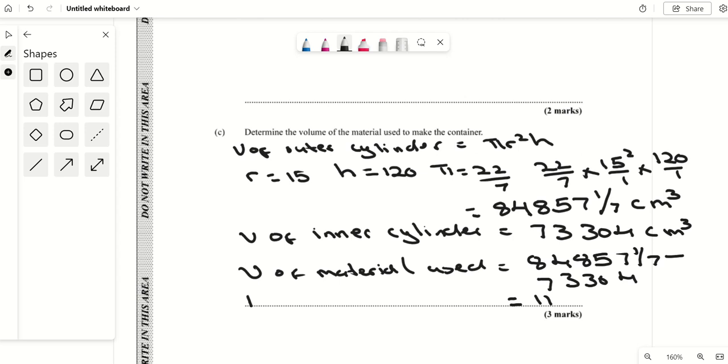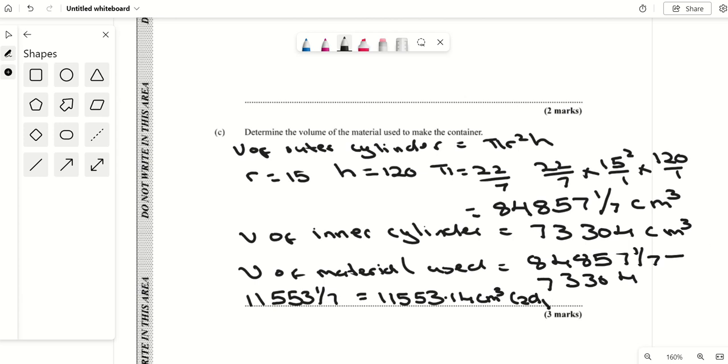11,553 and 1/7, or if you want it in decimals, remember you always put your answer to 2 decimal places. This is equal to 11,553.14 centimeters cubed.